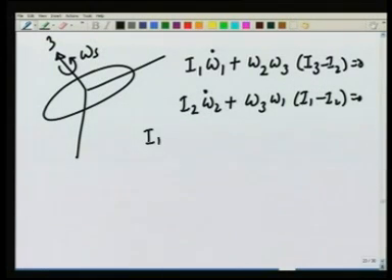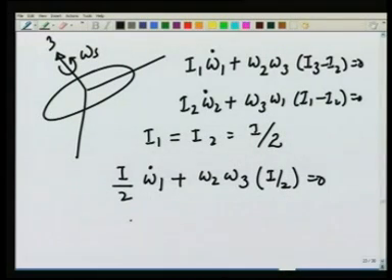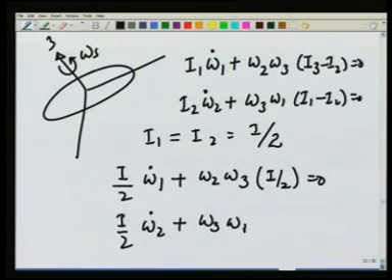Since I1 is equal to I2 which is I divided by 2, I can write these equations as I divided by 2 omega 1 dot plus omega 2 omega 3 times I3 minus I2, which would be I divided by 2 again, is equal to 0, and the other equation as I over 2 omega 2 dot plus omega 3 omega 1 times I1 minus I3, sorry, would be minus I divided by 2, is equal to 0.